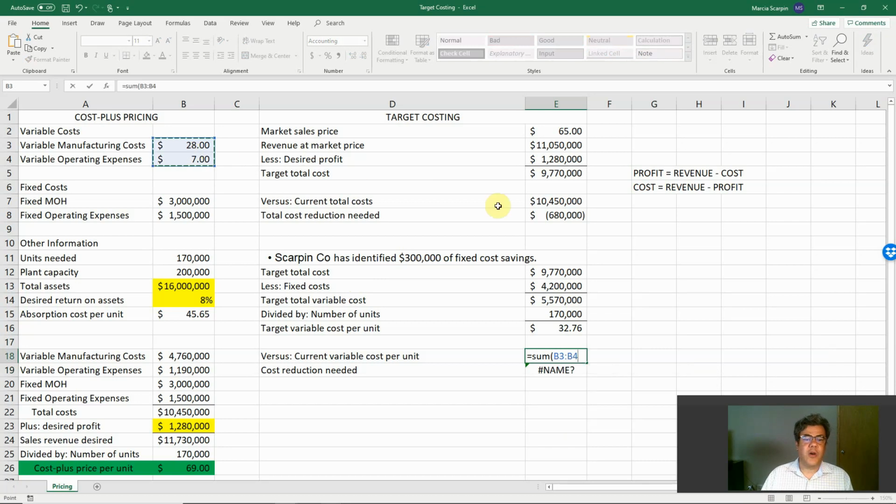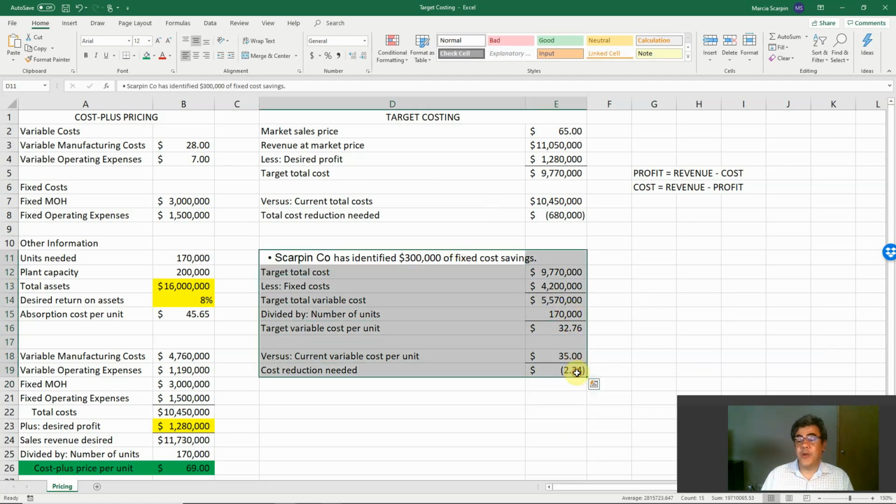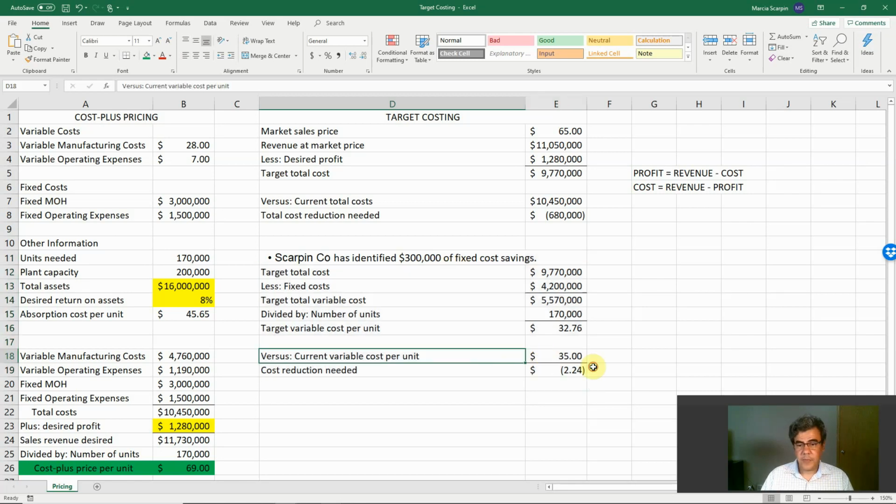Our current variable cost is 35. So we still need to reduce our variable cost by $2.24, or accept a lower profit. So here is how we deal with our savings. Here we have only fixed cost savings, and then we need to also reduce our variable cost.